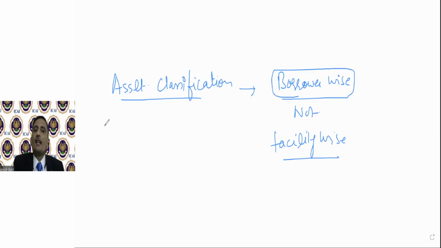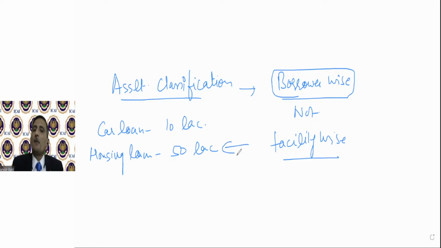Say I have taken a car loan from a bank of rupees 10 lakhs. I have also taken a housing loan from the bank, say of 50 lakhs. I am regularly paying my housing loan, but I default on paying my car loan.